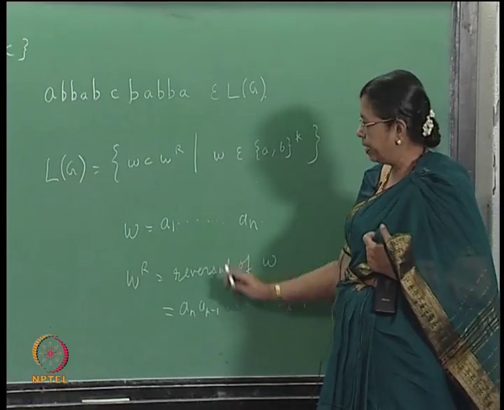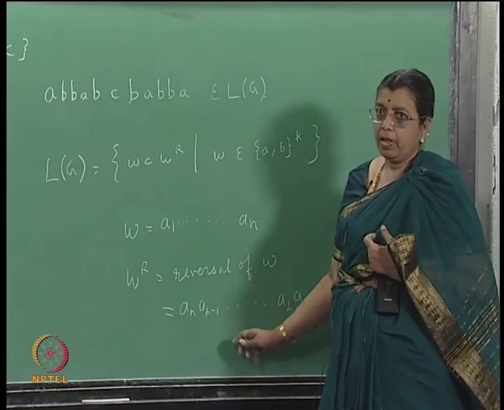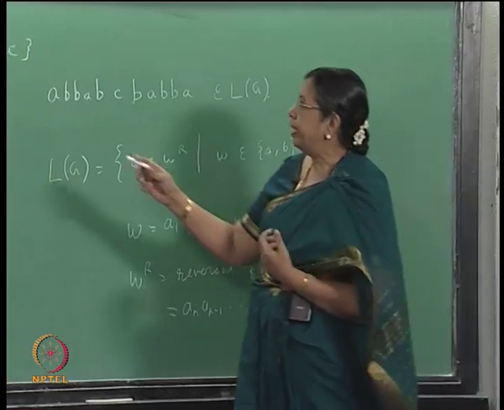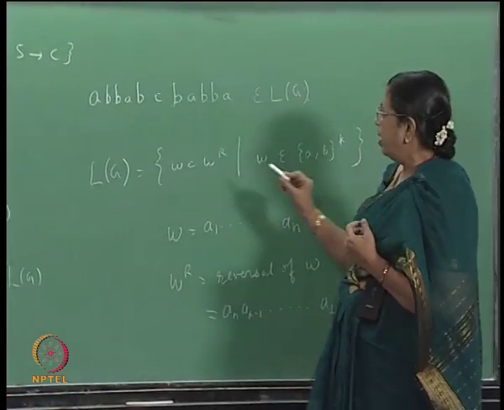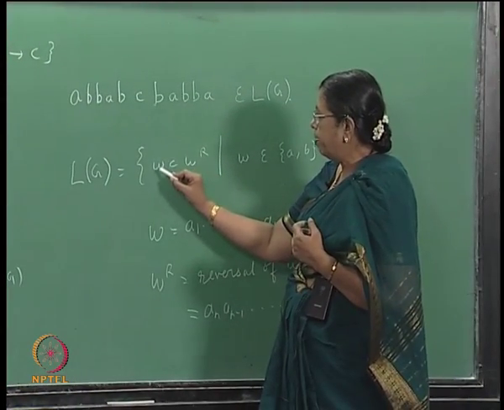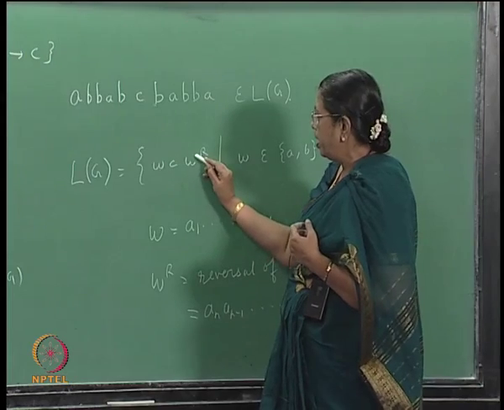This is called the reversal of this string. So, the language generated by this grammar has strings of the form W C W R.